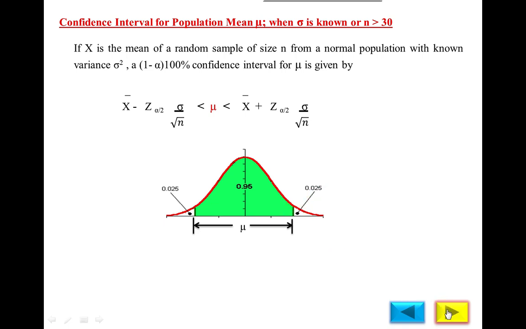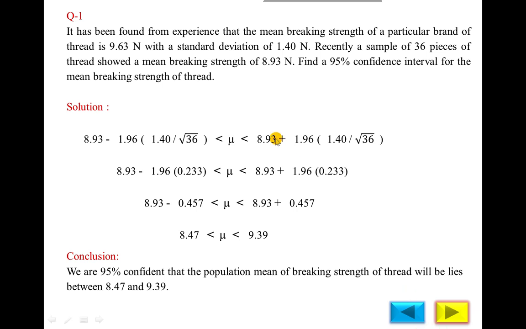So we will now solve the question. This is the same as the previous question, the same question from the previous topic, testing of hypothesis. It has been found from experience the mean breaking strength of a particular variant of thread is 9.63. This is given in the previous question, but it is not required here, because in testing of hypothesis we either accept or reject, but in this we will find the lower and upper acceptable values.